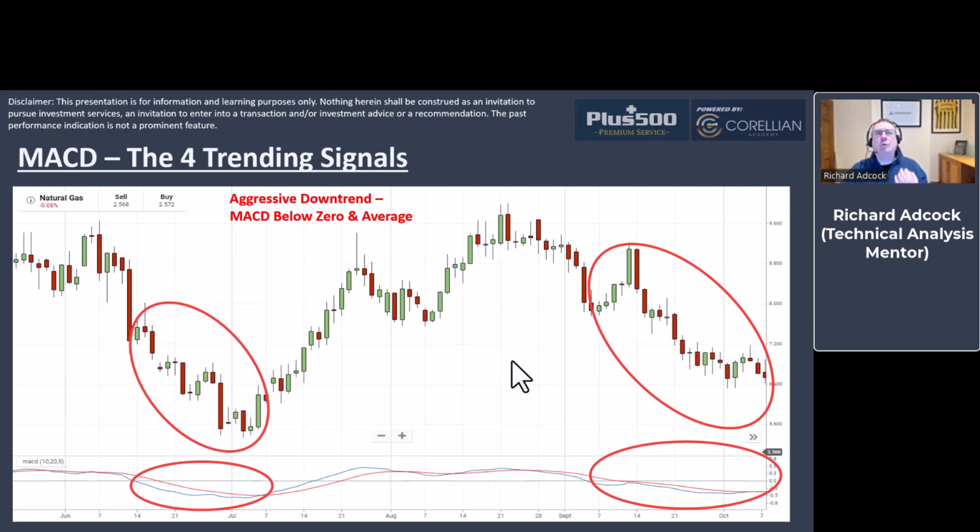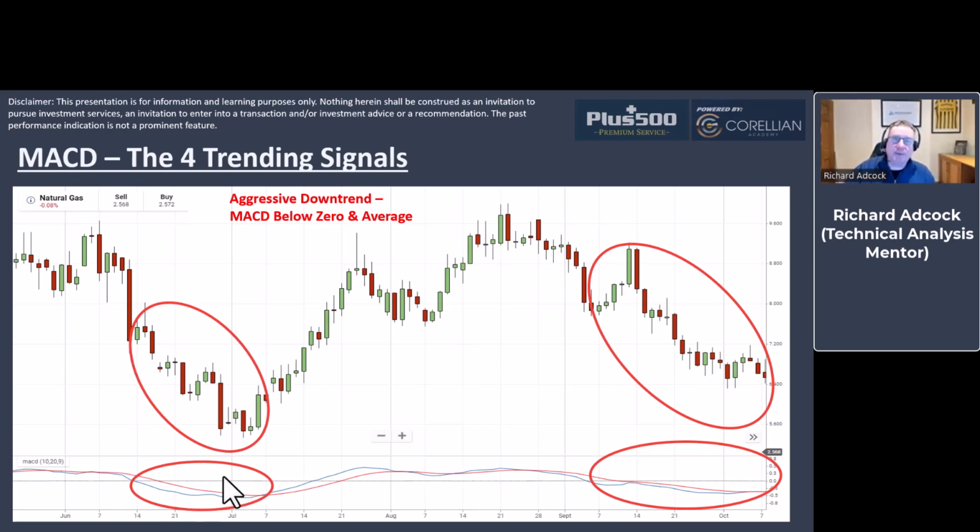So an aggressive downtrend signal comes when the MACD is below its zero line and below its own moving average. And this is an indication of a more aggressive downside risk within price activity. And you can see that the red circles highlight when we had more aggressive downtrend signals in place.